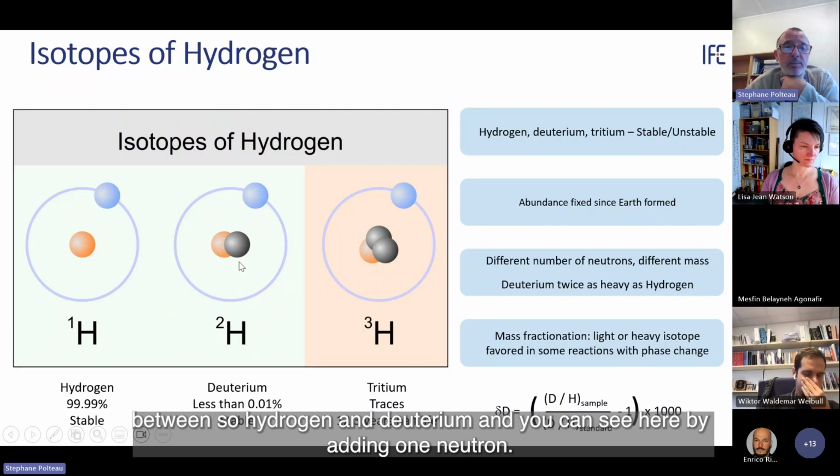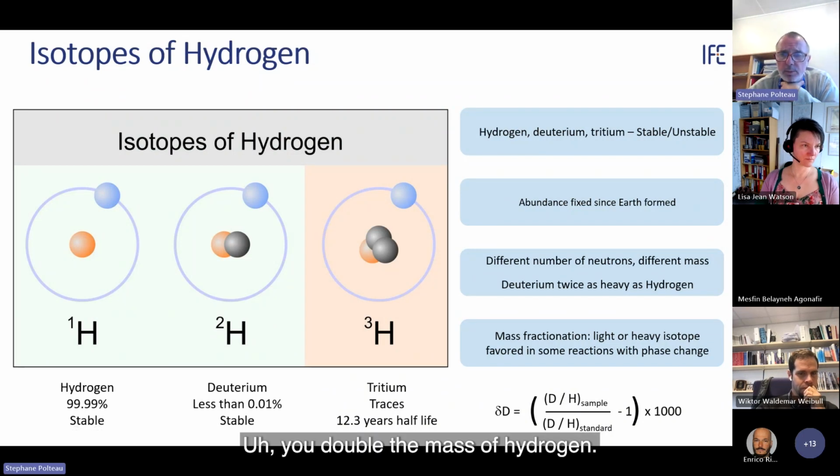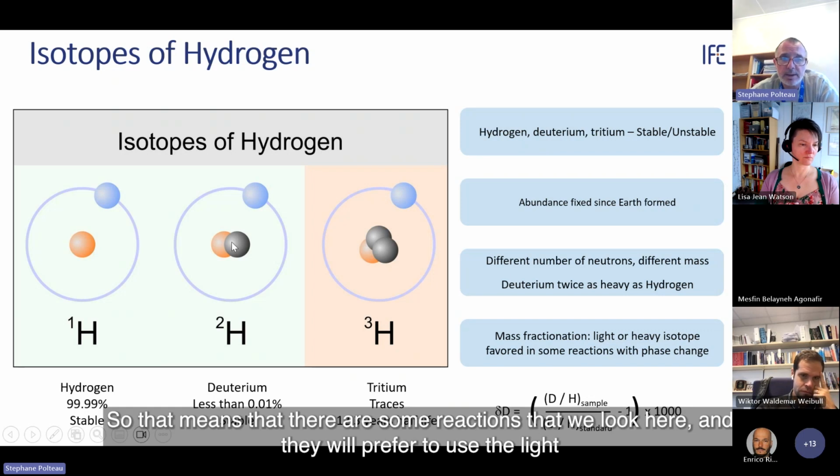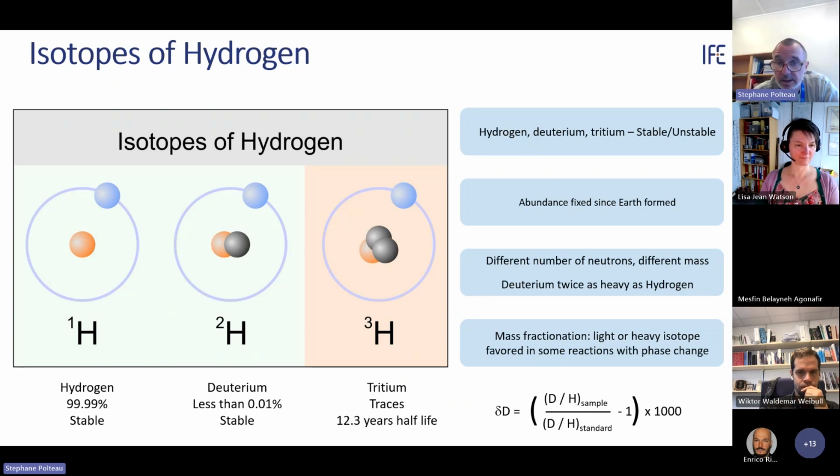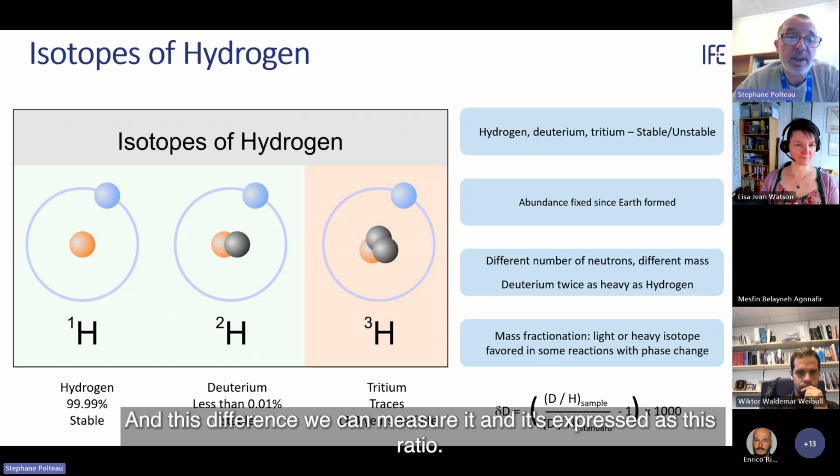And you can see here, by adding 1 neutron, you more or less double the mass of hydrogen. So that means that there are some reactions that will occur, and they will prefer to use the light or the heavy hydrogen over the other isotope. And this difference, we can measure it, and it's expressed as a ratio.